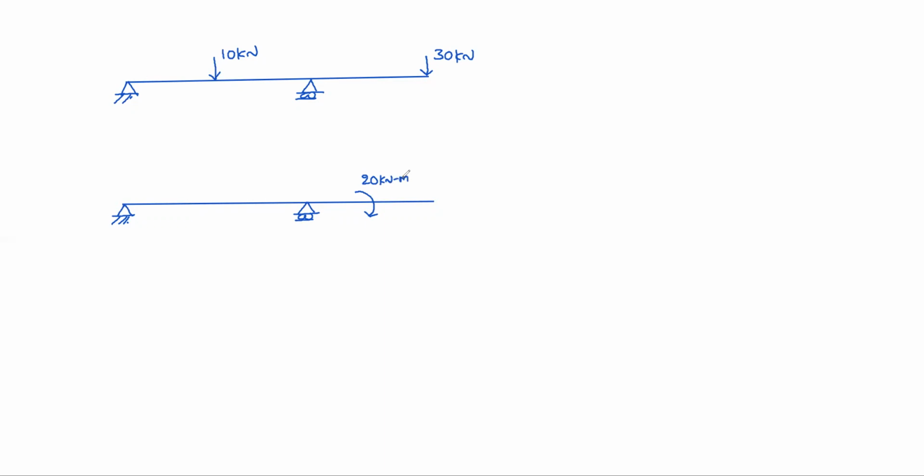Now displacement for this, let us assume here 20 mm, here 45 mm.